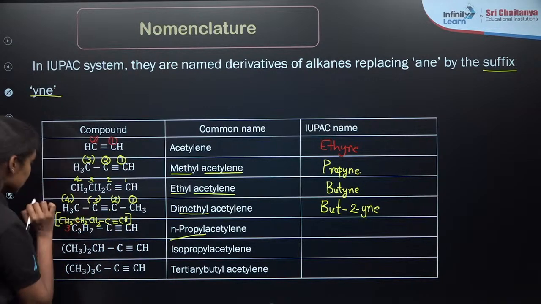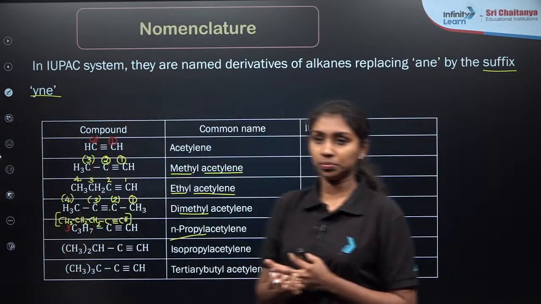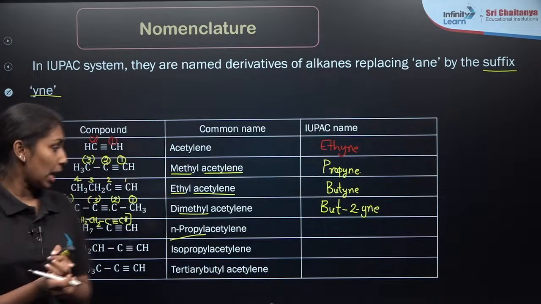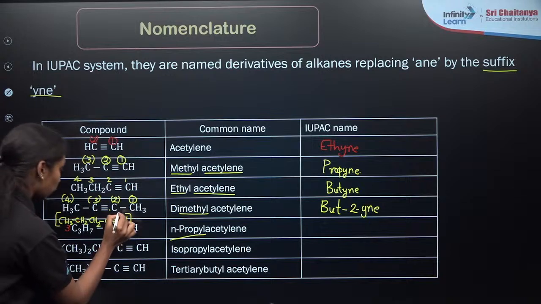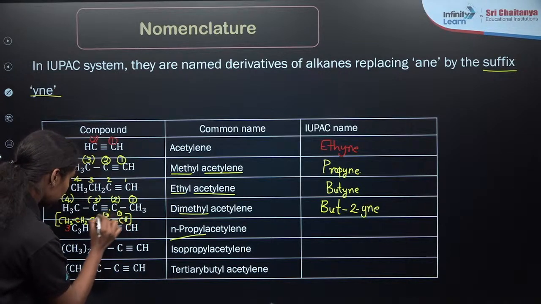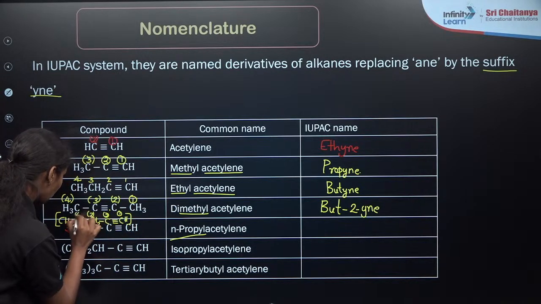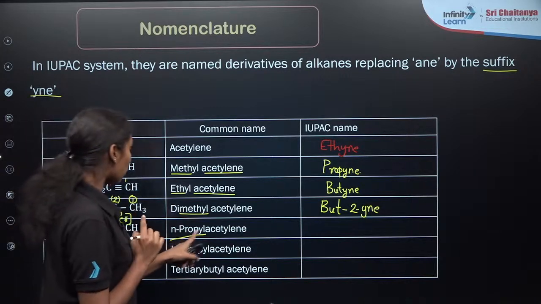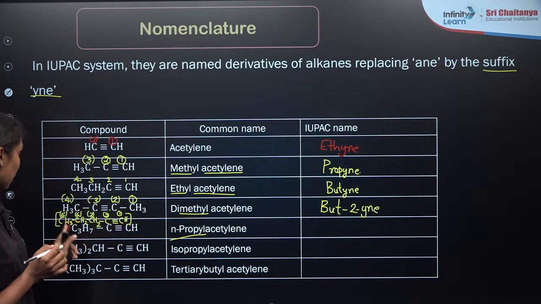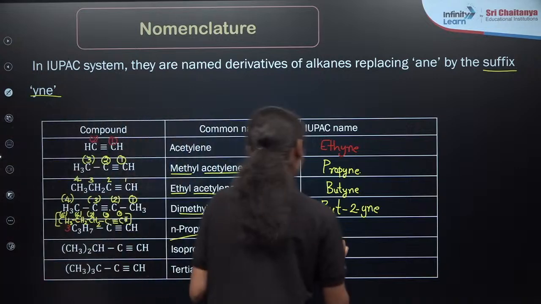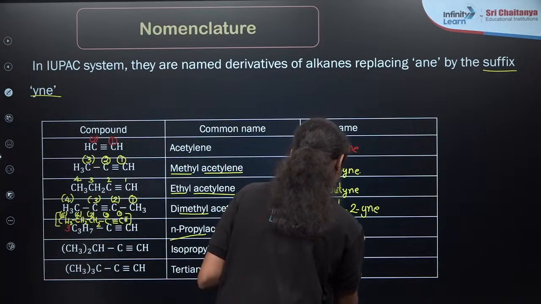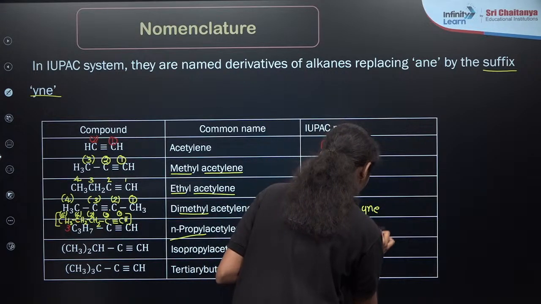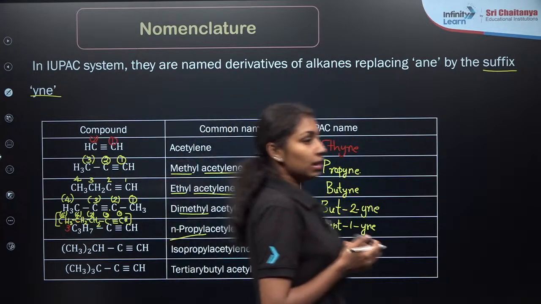Are both the compounds the same or not? Same, right? So we can name this compound: this is the first carbon, second, third, fourth and fifth, right? So this is the 5 carbon compound. The common name will be N-propyl acetylene and the IUPAC name will be pent-1-yne. Clear?